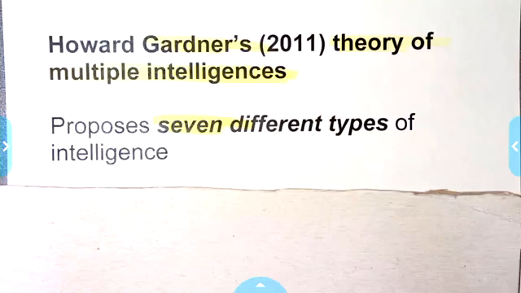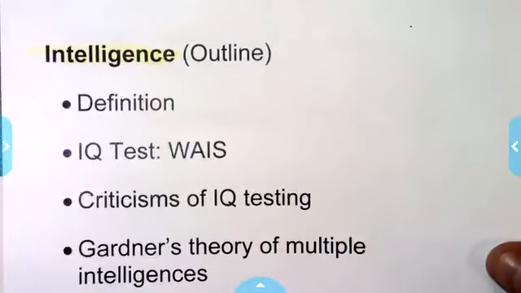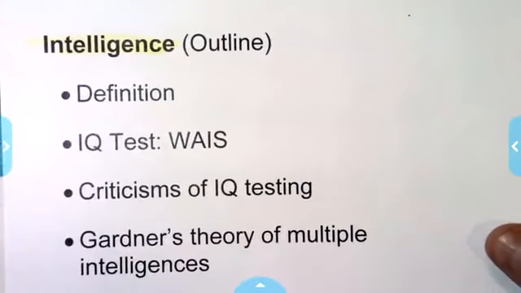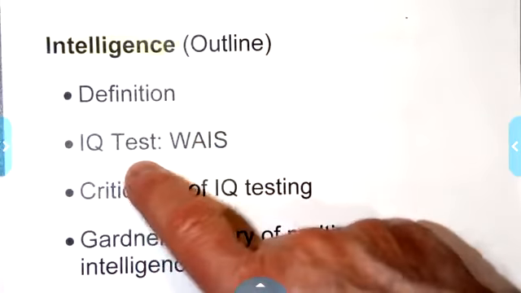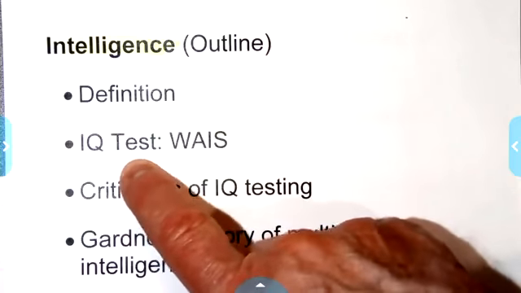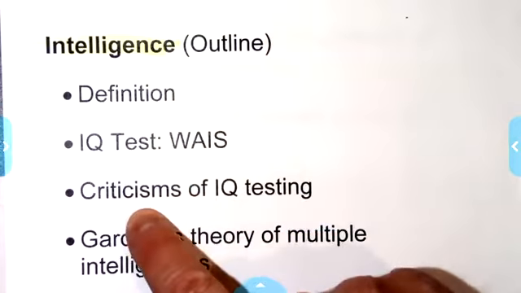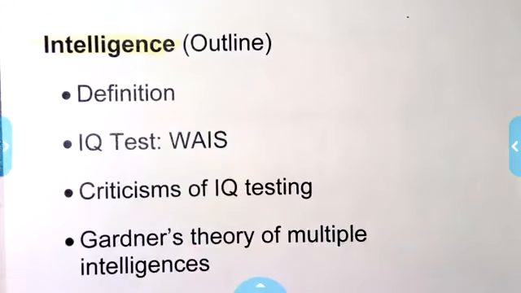Okay. We're still talking about intelligence testing. On my big outline, we've already made some progress, gave you a definition for it, talked about the most widely administered, individually administered test, the WAIS, introduced you to some of the criticisms of IQ testing. And now I'm going to talk about at least one of the responses to that criticism.